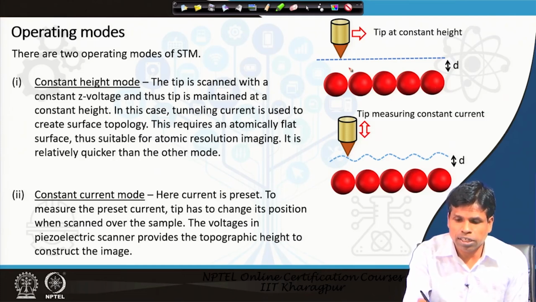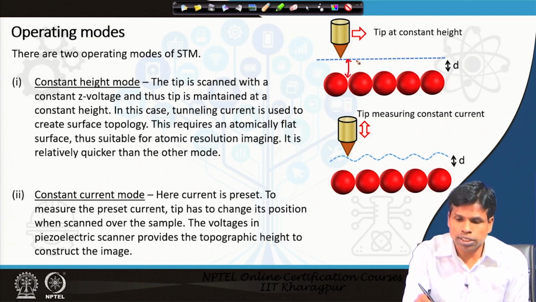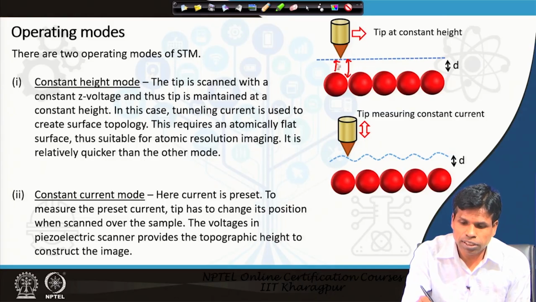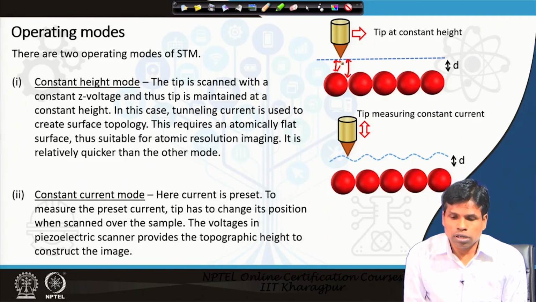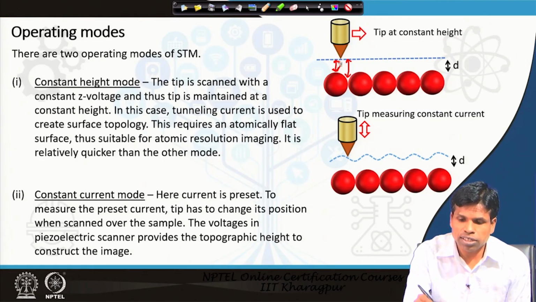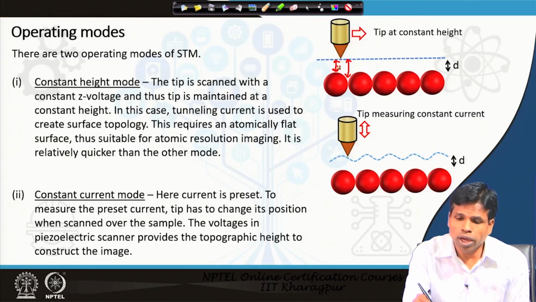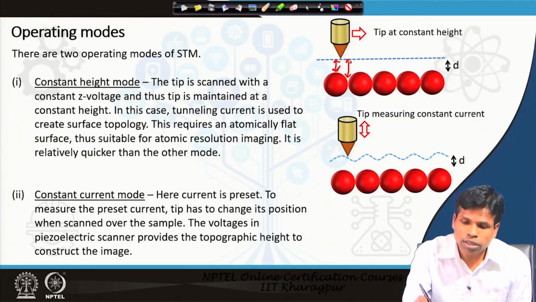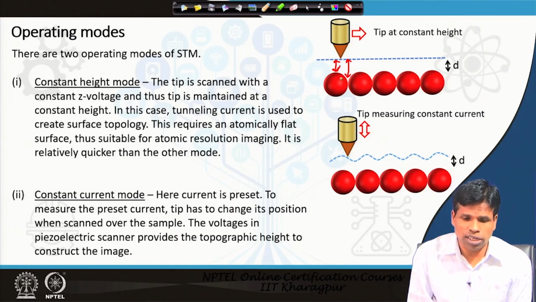In these places, the gap between the tip and sample is larger. On the other hand, at this place, the distance between the tip and sample is smaller. When the distance between the tip and sample is smaller, we will measure a higher tunneling current. When the distance is larger, we will measure a small tunneling current.